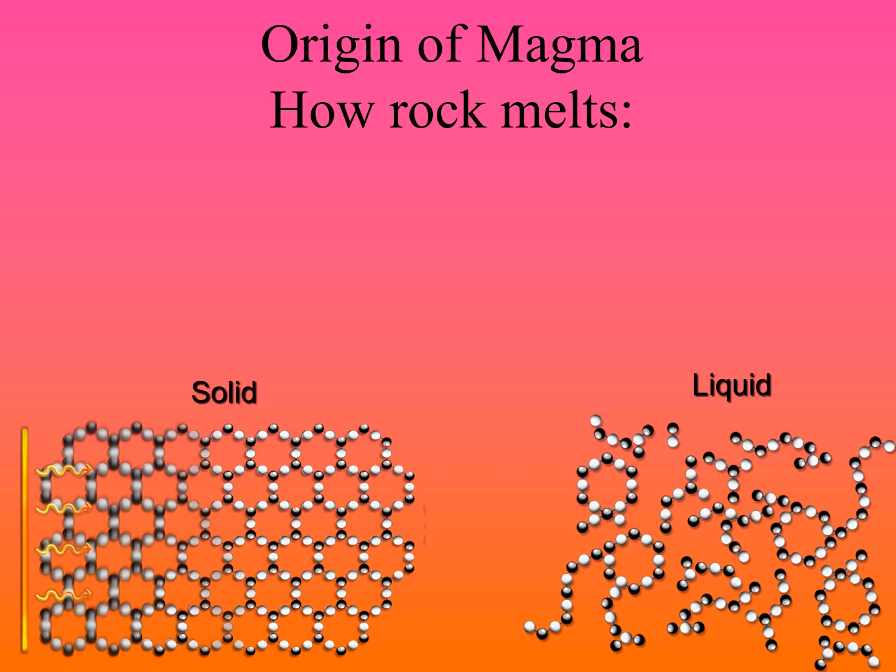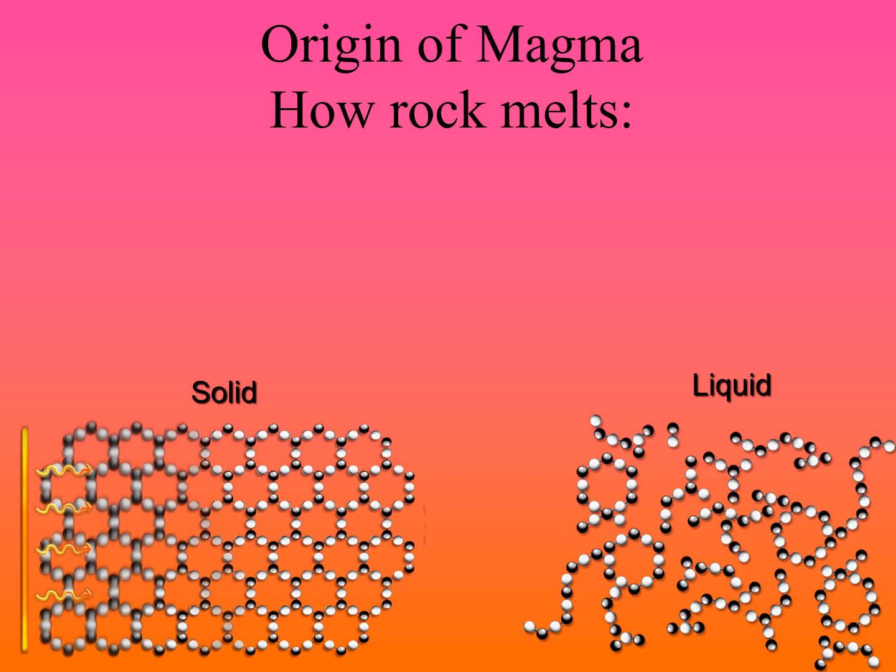As that happens, you get a breaking of bonds, and that's essentially what starts to form a liquid, where smaller constituents of this solid framework are broken up into pieces, so they're able to flow past each other because they're not bonded together anymore, and that's what forms a liquid.